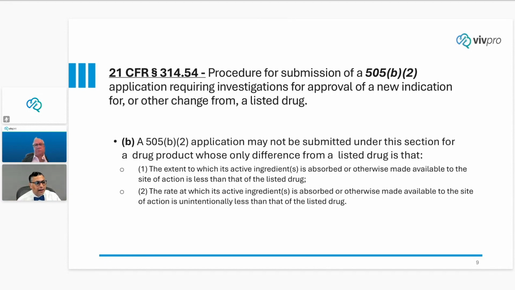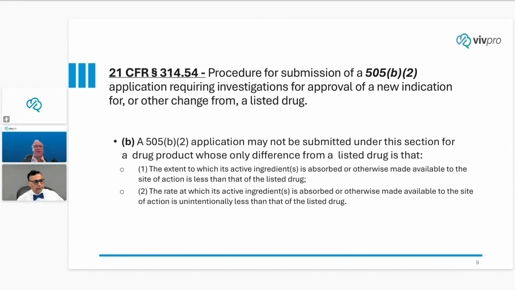Naturally, you may not be able to match, for example, the C trough between the extended release product compared to the twice daily immediate release product. Would that be a challenge given that this law requires not less than the listed drug?